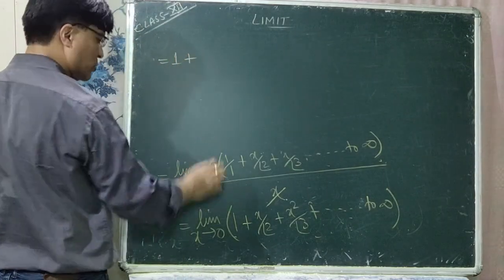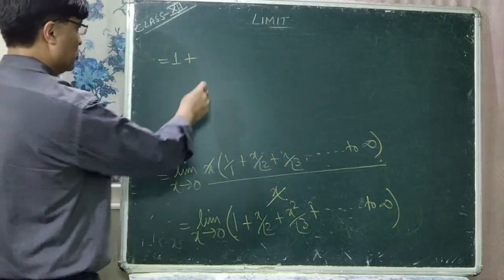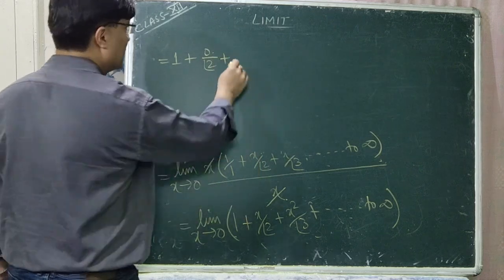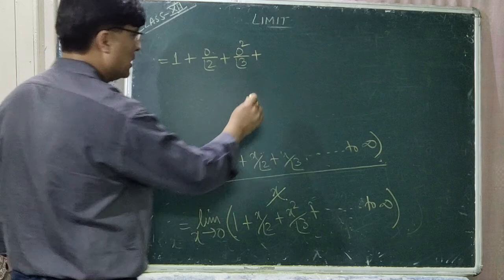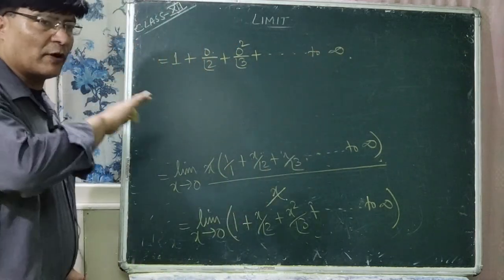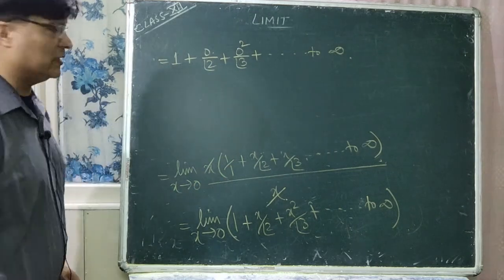So it is equal to 1 plus, 1 is a constant quantity, you don't have to write limit out here. So 1 plus 0 by factorial 2 plus 0 square by factorial 3 plus ... It goes up to infinity, right? From the second term, all the terms will be 0 up to infinity. Okay.